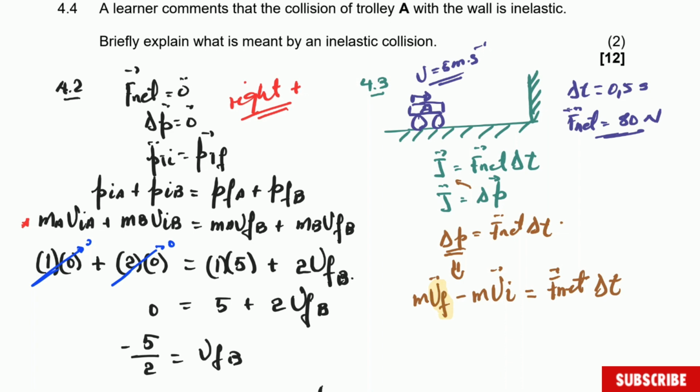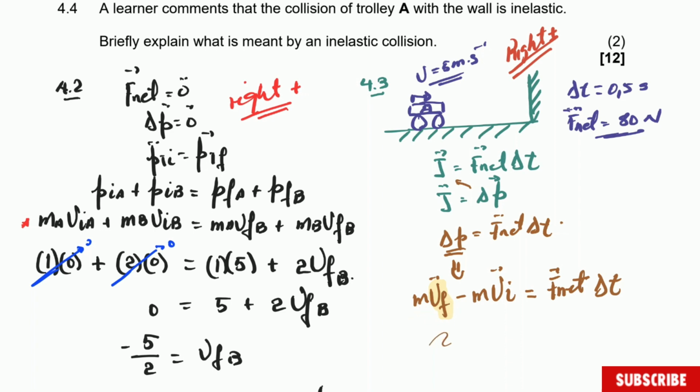Now, once more, before we do any substitution, we must take direction. And let's take, for instance, right positive. Let's keep right positive for this question as well. And therefore, the initial velocity is positive, and that's it. So let's substitute what we have here.